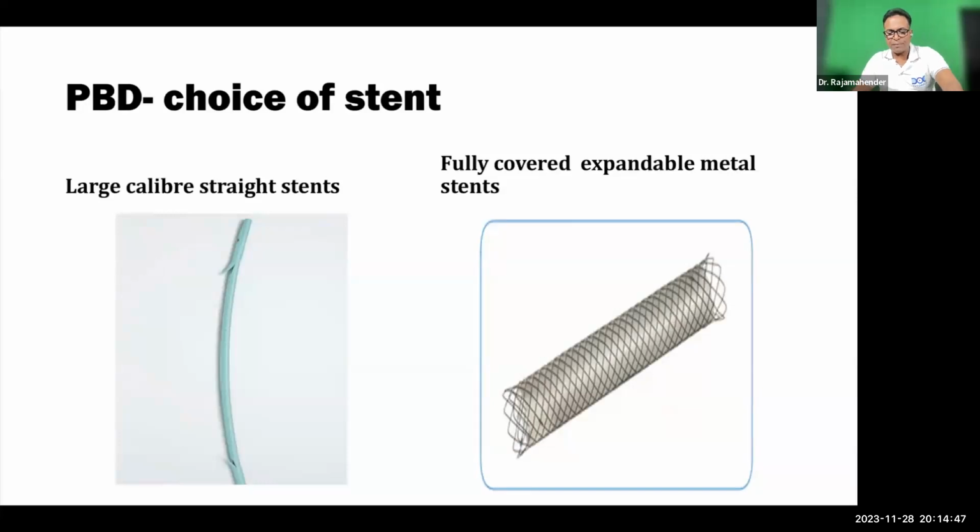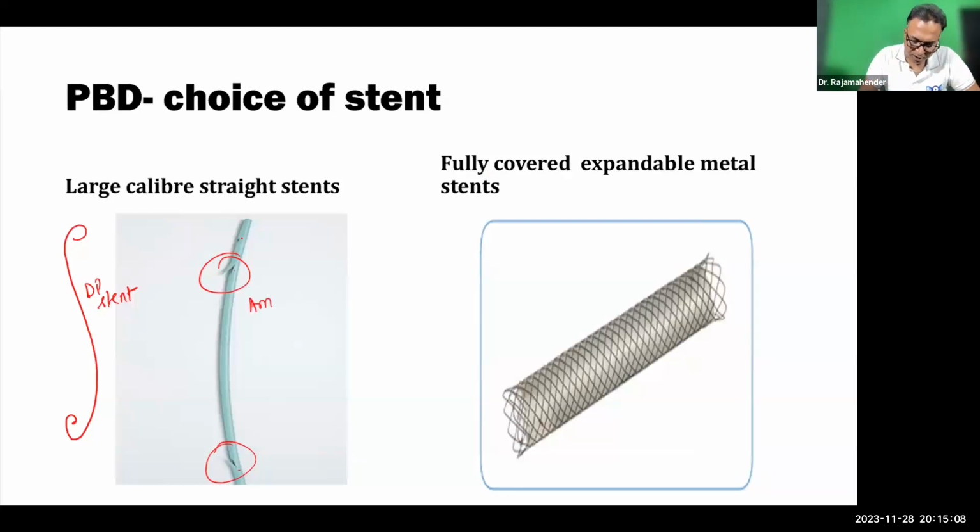These are the various types of stents we use. I already showed you one stent, the DP stent, double pigtail stent. In this stent, there is no pigtail, but there is one prong above and one prong below, so that it will not come out. This is Amsterdam stent.